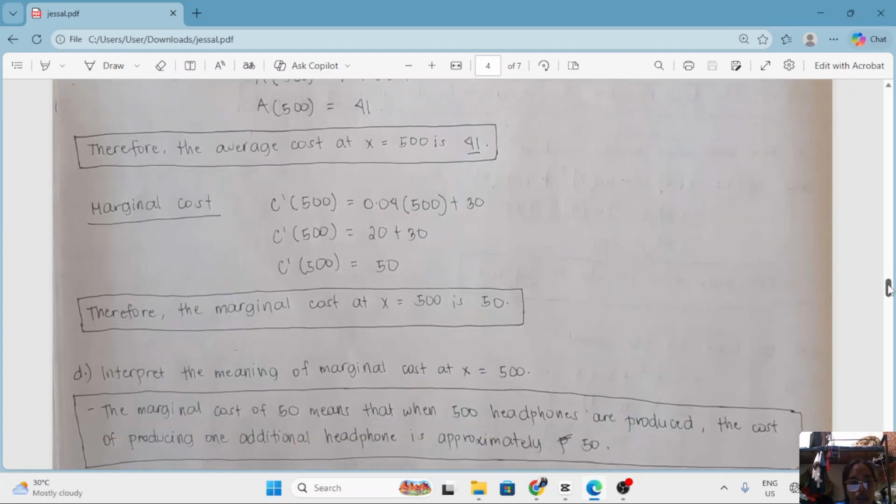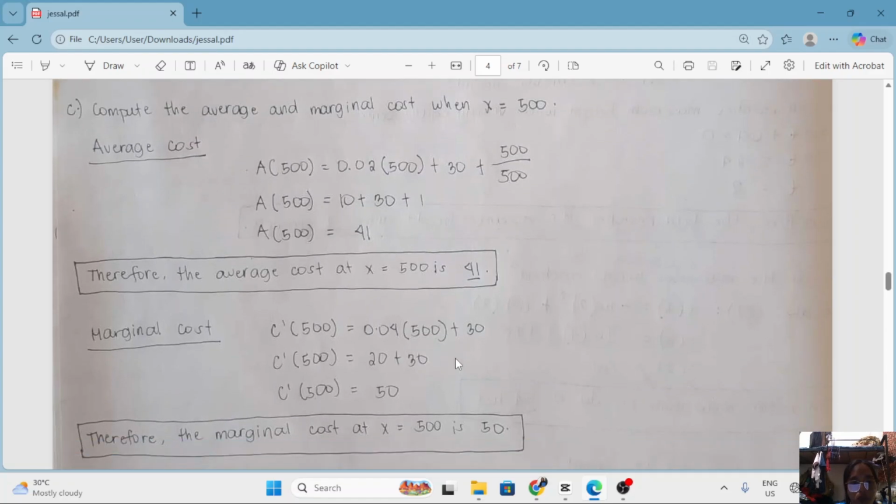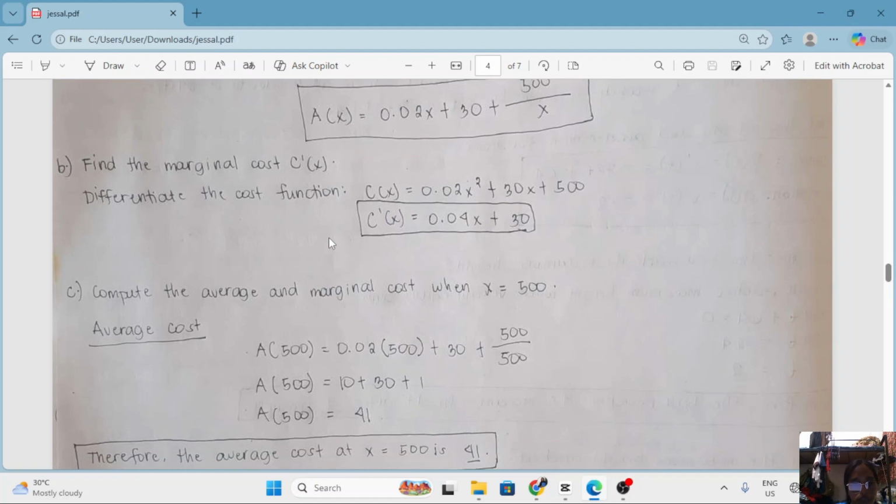Next is the marginal cost. So C prime of 500 is equal to 0.04 times 500 plus 30. That would be C prime of 500 is equal to 50. So our marginal cost at x equals 500 is 50. Again, this formula was taken from here, the marginal cost.